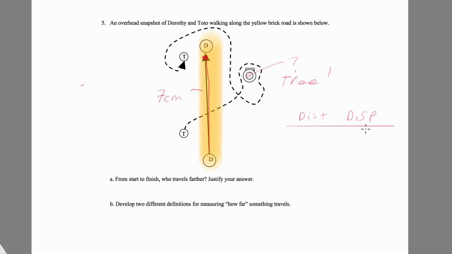We'll talk about that for Dorothy. I'm just going to use D, and then in blue we'll talk about Toto. So the distance that Dorothy went, if this line is 7 centimeters long, and again that's just an estimate, the distance she went was 7.